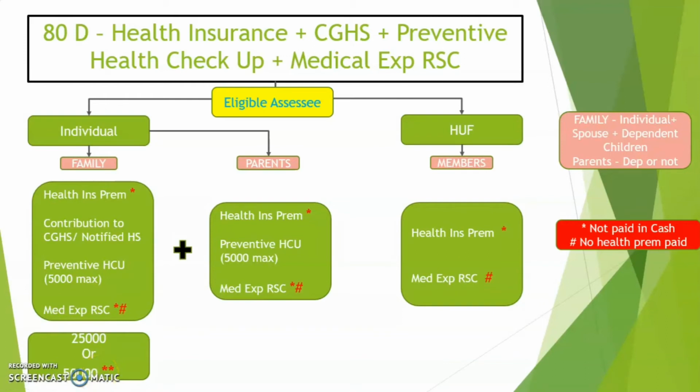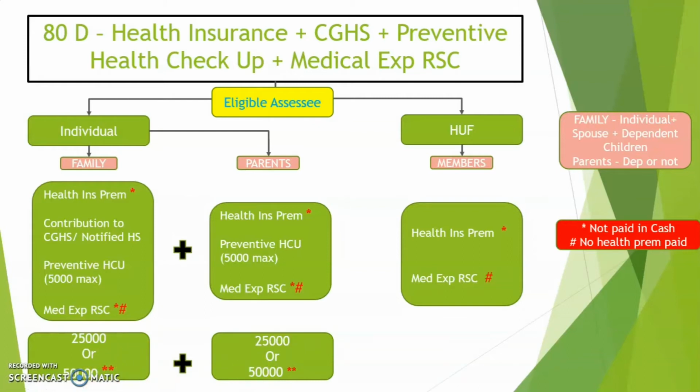Pretty clear? Now, besides this, along with this, an individual can take the exact same deduction for the category of his or her parents. Clear? So, a 25,000 or 50,000, whatever it is for the family category, plus a 25,000 or 50,000, whatever it is for the parents category. So, total, an individual can take a maximum of 50 plus 50, 1 lakh.